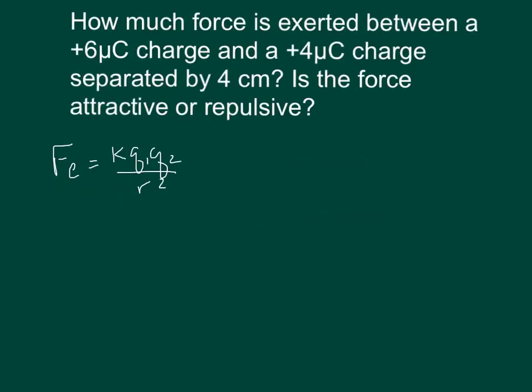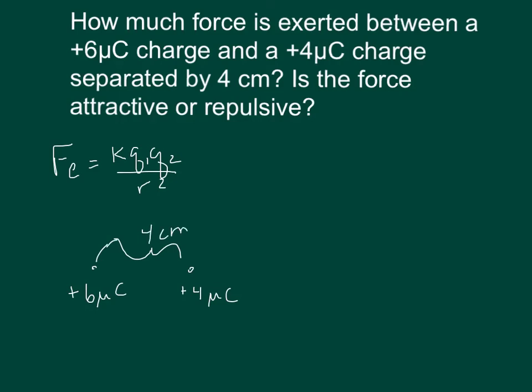Let's just do one example really quick. Okay, so we have two little charges. We have a positive 6 microcoulomb charge and a positive 4 microcoulomb charge, and they are separated by 4 centimeters.